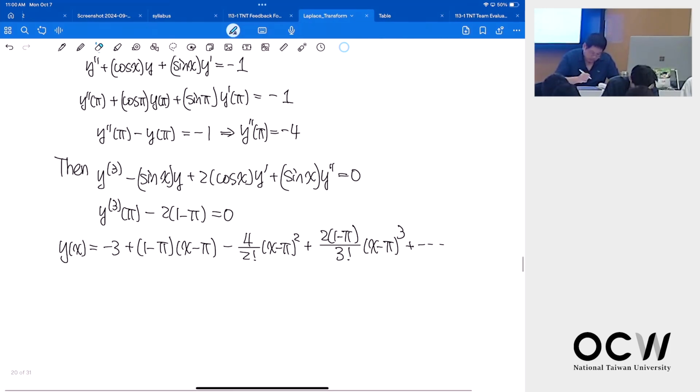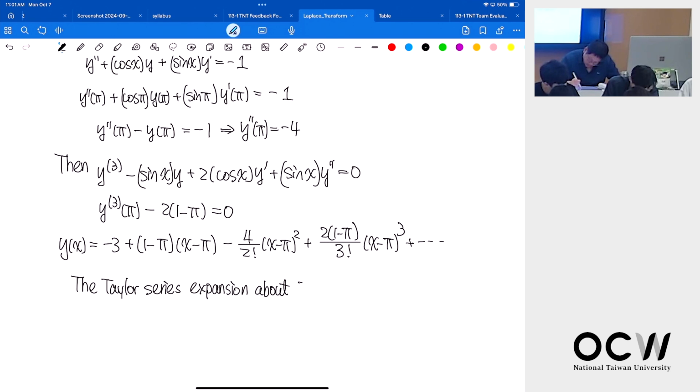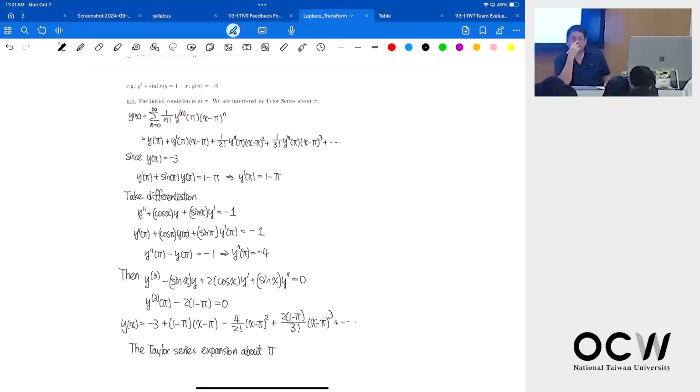So this is the Taylor series expansion about pi. Any questions?